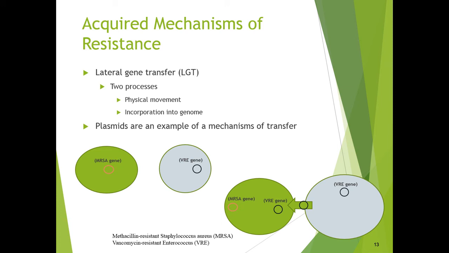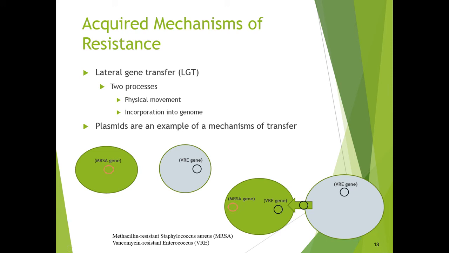She had vancomycin resistant Enterococcus that was in a bed sore, and then she also had methicillin resistant Staph aureus in her bloodstream. So she has these 2 different organisms. Methicillin resistant Staph aureus had the gene for the methicillin resistance, and then this Enterococcus had another gene for vancomycin resistance.